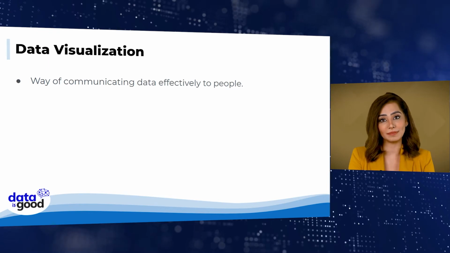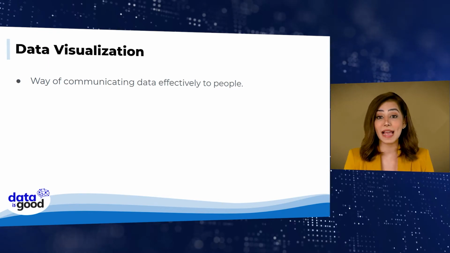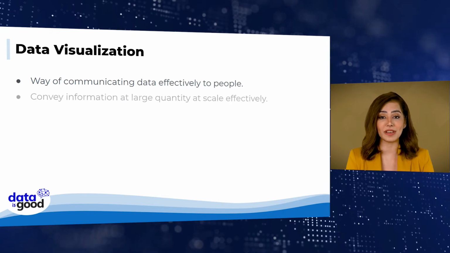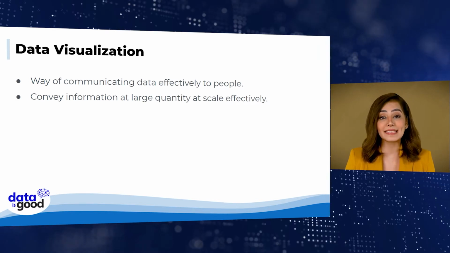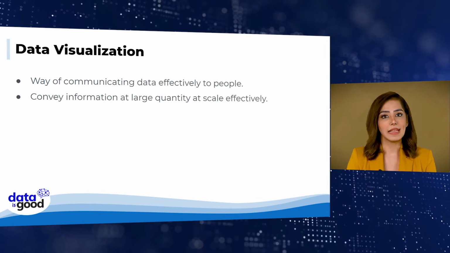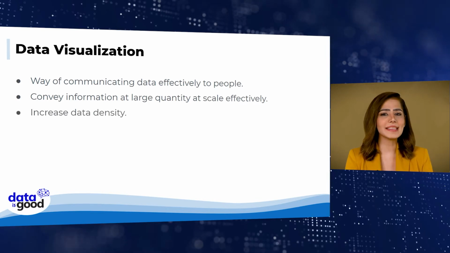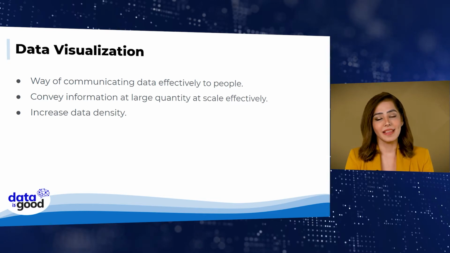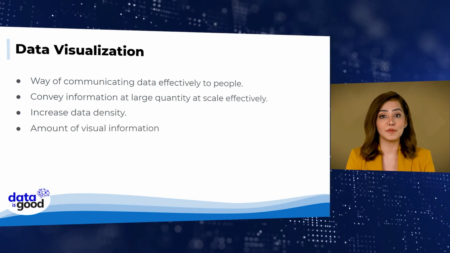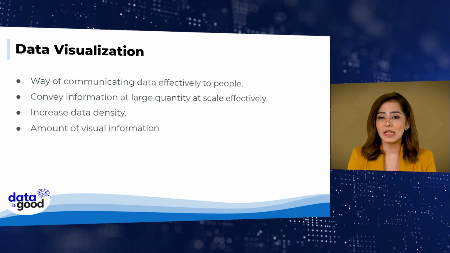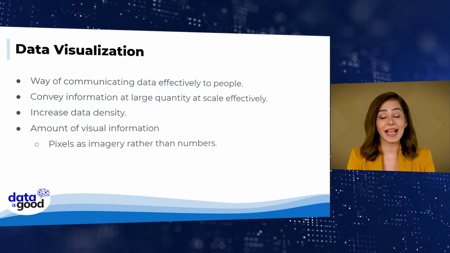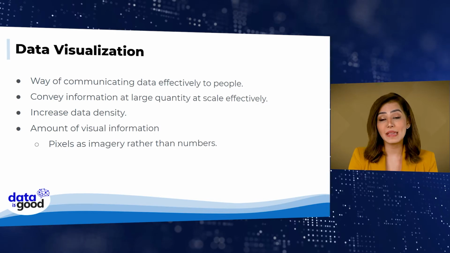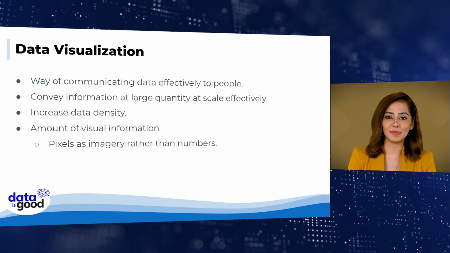effectively to people. So let's talk about some examples of data visualization that convey information at large quantity, at scale, effectively. So what data visualization does, among other things, is increase data density, the amount of visual information that you can convey, to a much higher level, because we are seeing this as pixels, as imagery, rather than numbers.